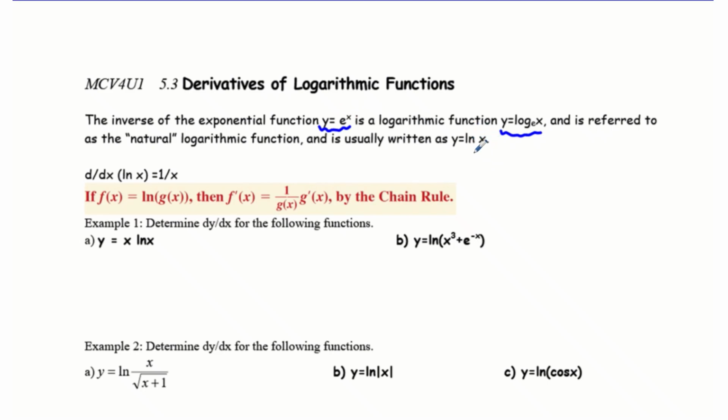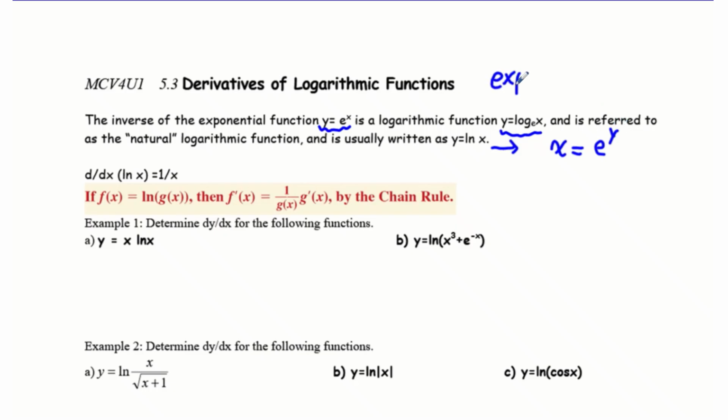So we want to find the derivative of this one, and we know the derivative of exponential functions, so we want to rewrite it in exponential form. So this is: exponent equals log base to the power, so the power will be equal to the base to the exponent.